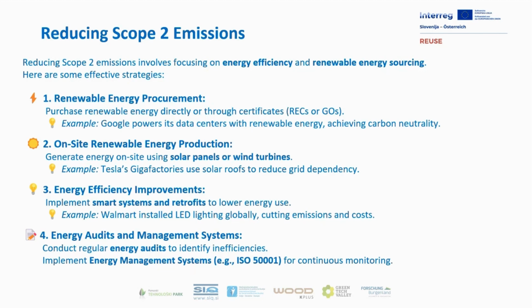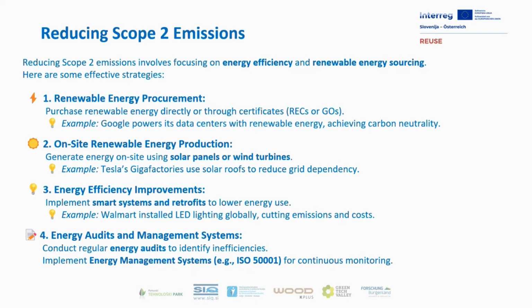Efficiency improvements are also crucial. Steps include switching to LED lighting, upgrading to high efficiency HVAC systems, and implementing smart building automation technologies. Walmart, for example, because it is a global chain, transitioned to LED lighting, which not only reduced emissions, but also lowered their energy costs.